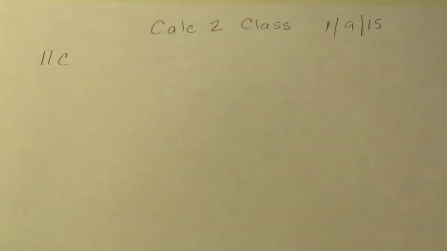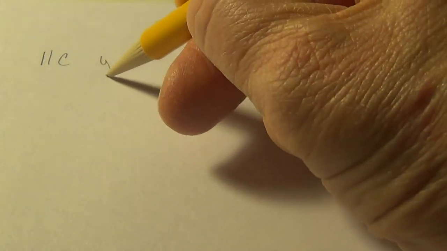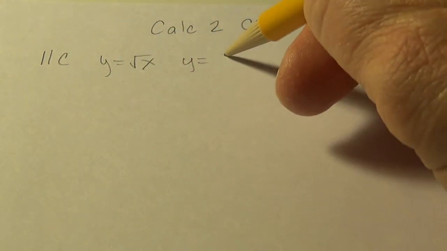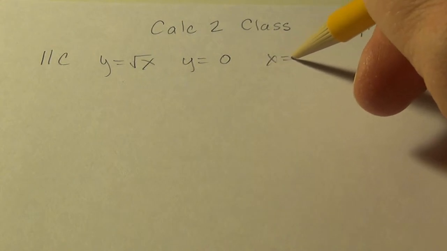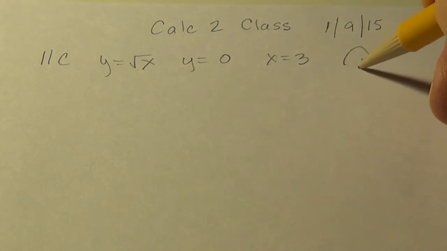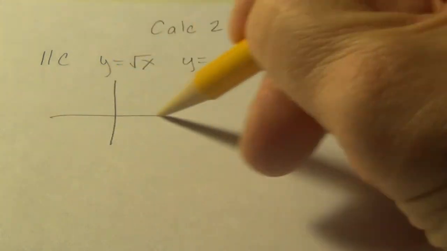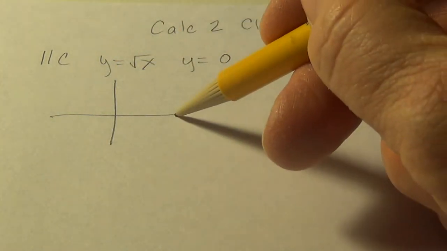So on 11C, we looked at a function y equals square root of x, between y equals 0 and x equals 3, and we revolved it around x equals 3. So that looks something like this.